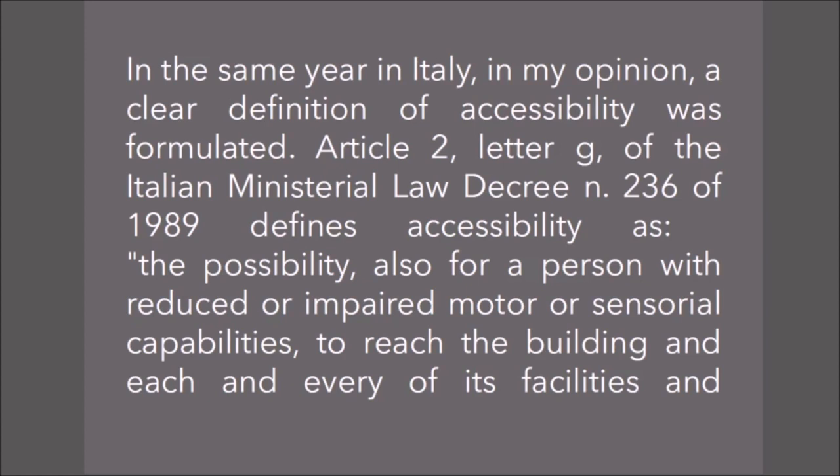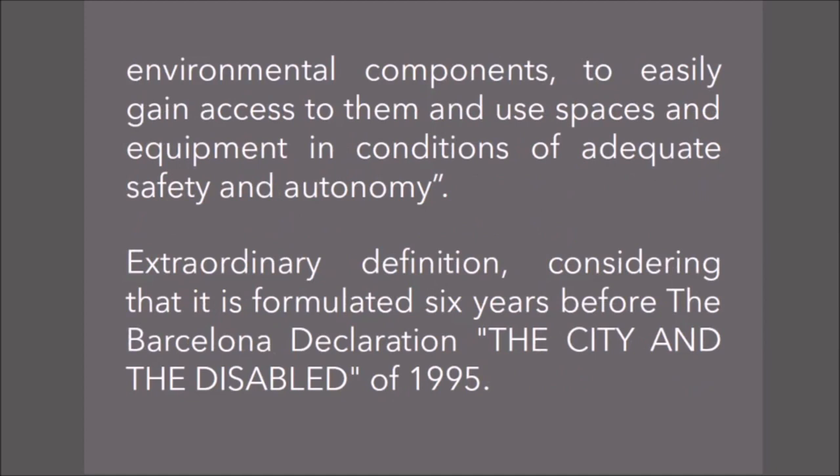Article 2, letter G of the Italian Ministerial Law Decree number 236 of 1989 defines accessibility as the possibility also for a person with reduced or impaired motor or sensorial capabilities to reach the building and each and every of its facilities and environmental components, to easily gain access to them and use spaces and equipment in conditions of adequate safety and autonomy.